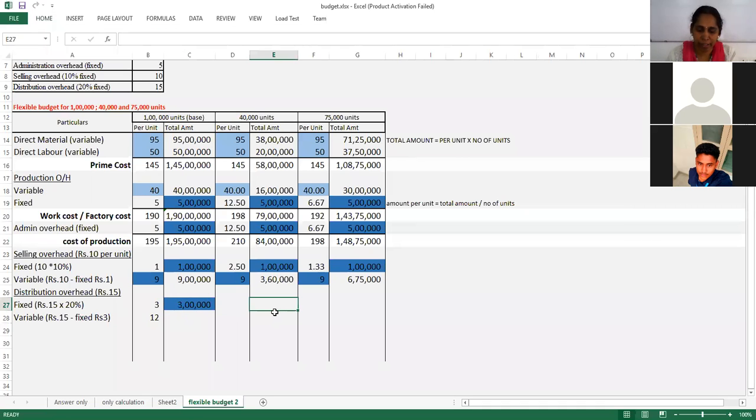If it is fixed, we'll be taking the amount 3 lakhs same. That means total amount will be same. Now you're going to calculate what is the per unit. So 3 lakhs divided by number of units, 40,000 units. And here also 3 lakhs divided by number of units, 75,000 units.